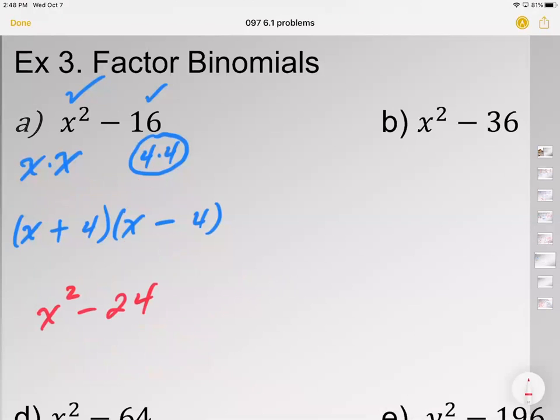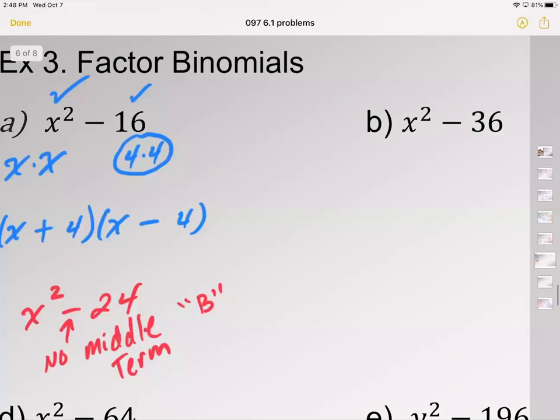In order for them to not have a middle term, they have to be conjugates of each other. And in order to be conjugates of each other, they need to be perfect squares.